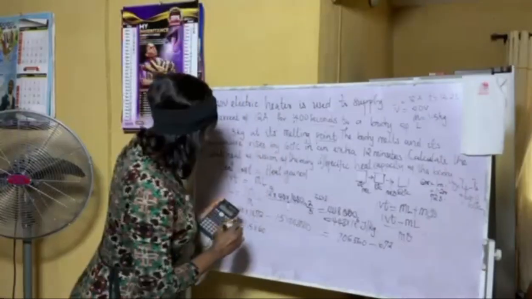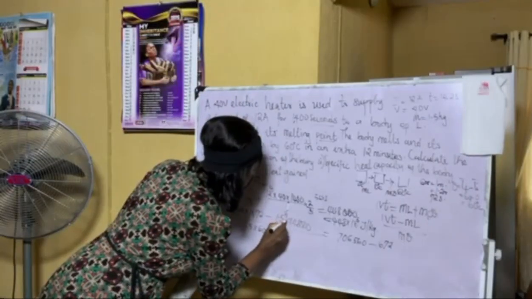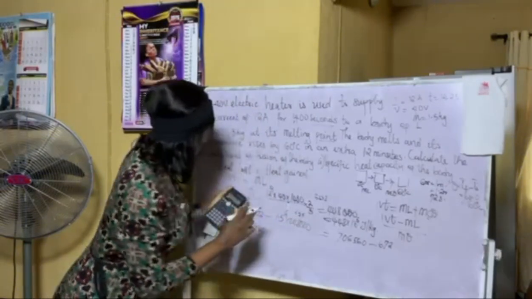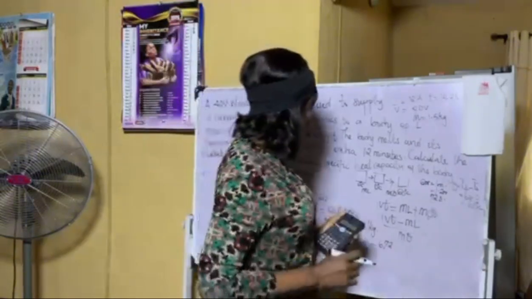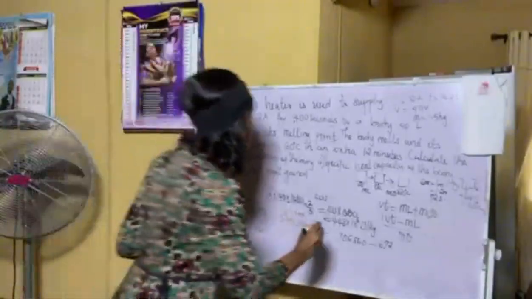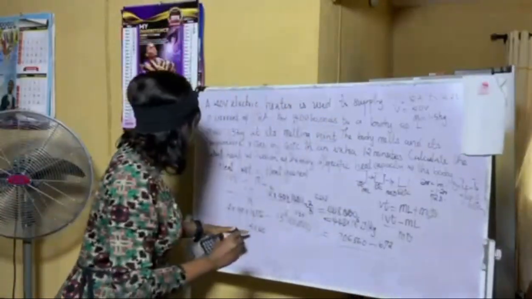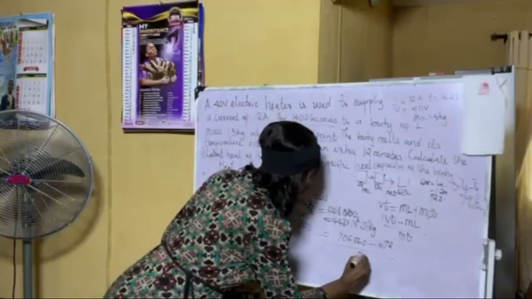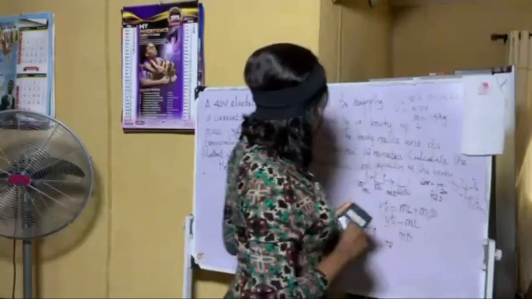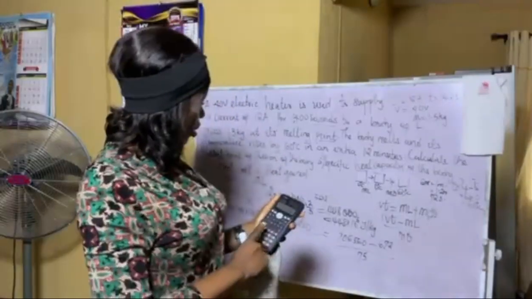If I do this, 3 over 2, it's 224. I don't know what's wrong with my calculator. So what will happen is that you just have to do all of this divided by this, which should be 75. Okay, our calculator is back, it's using solar.